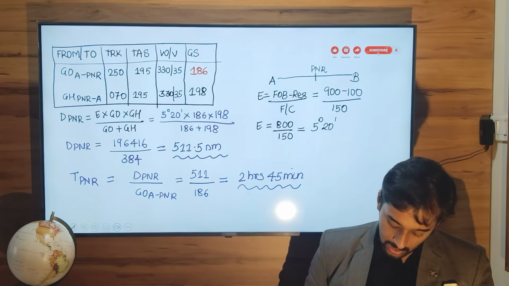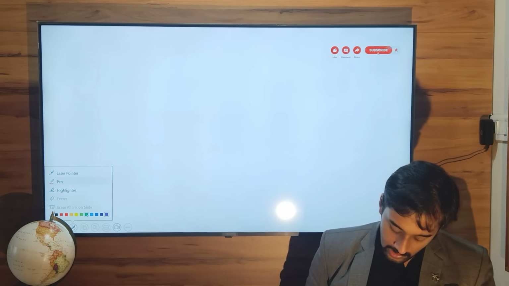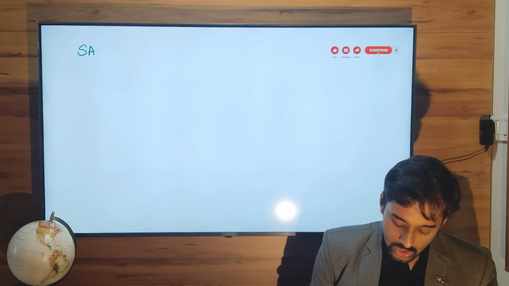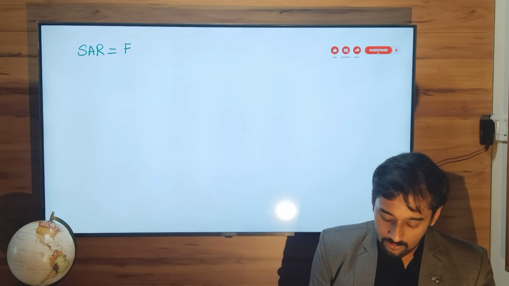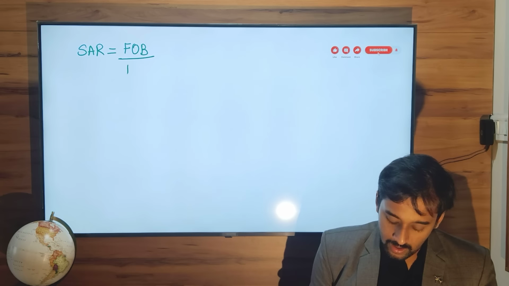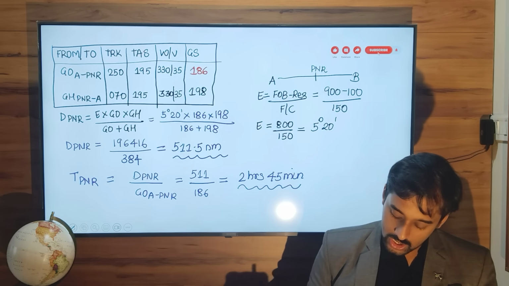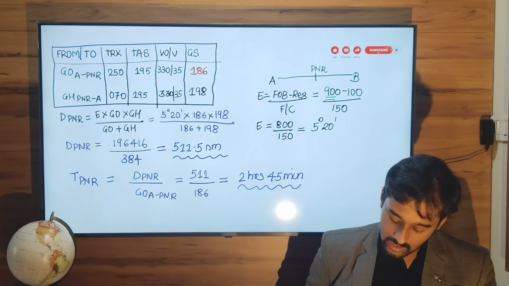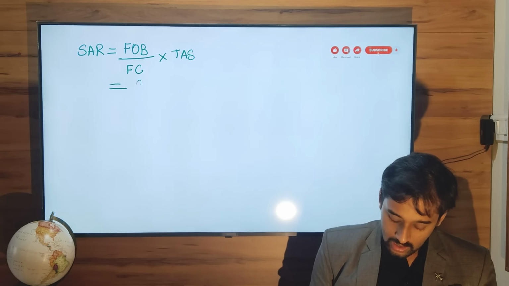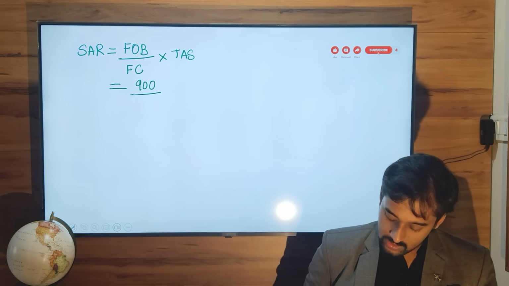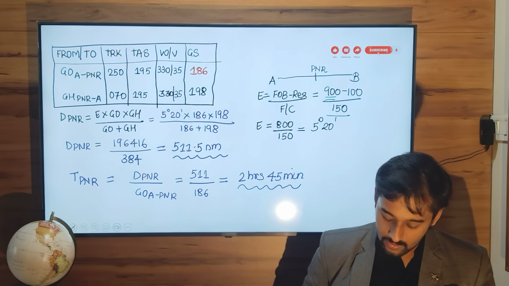Now let's go to the next part in which we have to calculate still air range. Formula is total fuel on board divided by fuel consumption into TAS. Fuel on board is how much? 900. Consumption is how much? 150.